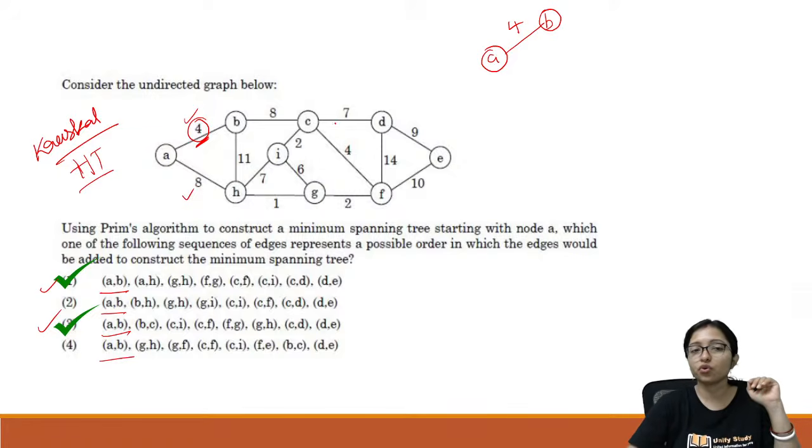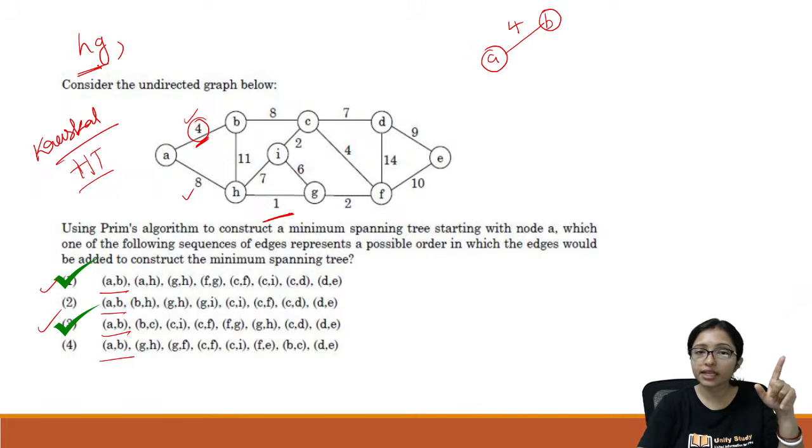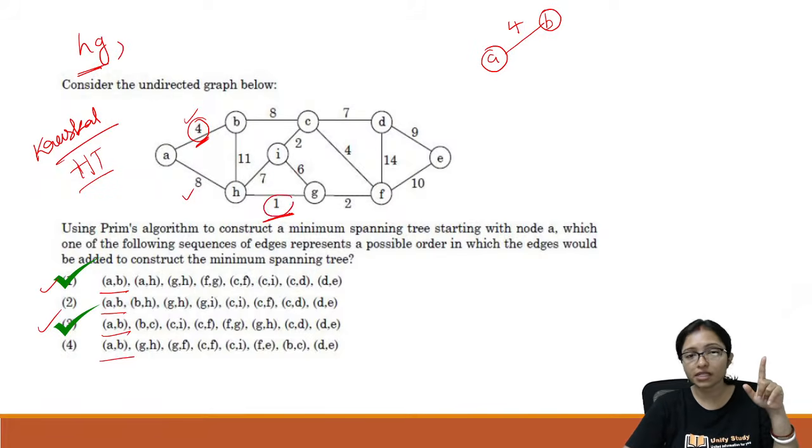I have to take 4. According to Kruskal, we have to start with HG because it is 1. But as I am starting with A here, that's why I am not taking HG. That is the main difference between Kruskal and Prim's.